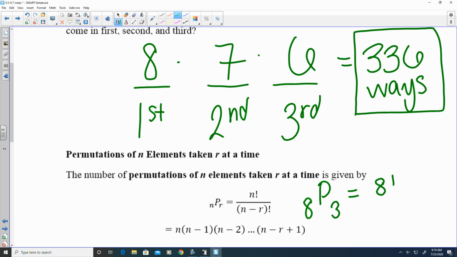It would have been 8 factorial over 8 minus 3 factorial, and we would have gotten 336. So if you think about it this visual way, first, second, and third, and just list the options, it's a little bit faster, but you'll still get to the same place either way.